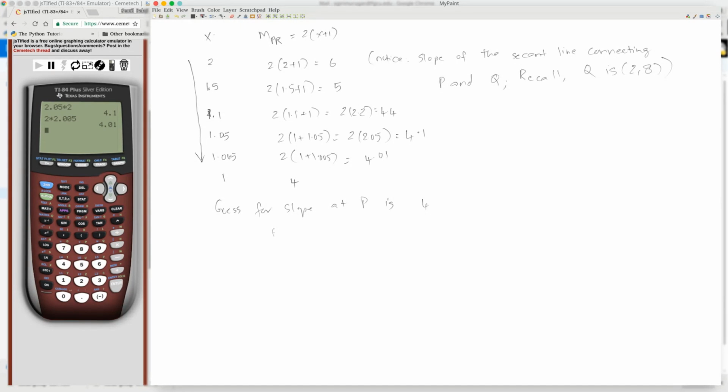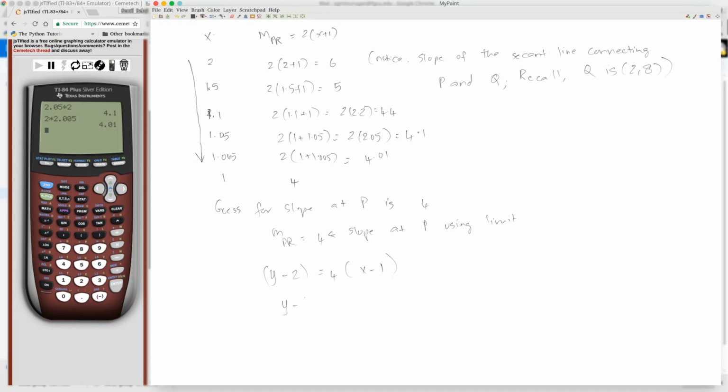So now I know the slope at P, which is 4, so I can find the equation of the tangent line at P. The point P is (1, 2), so I have y minus 2 is equal to 4 times x minus 1, because the slope at P, using the limit, is 4.